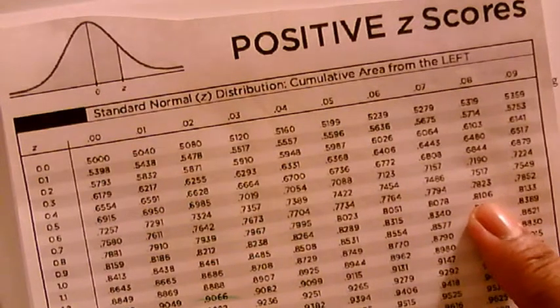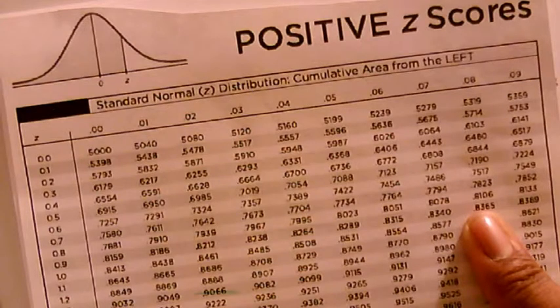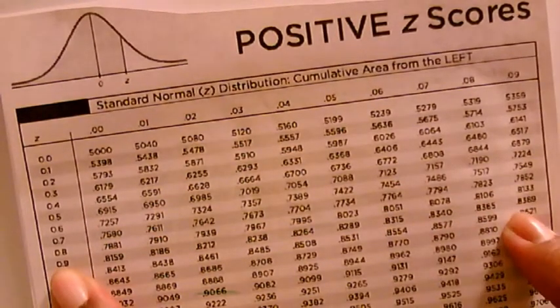By looking at this, 0.8106 will be the one that's closest to 0.8100. And then we read the row and the column that 0.8106 is in. So in this case, that's 0.88.